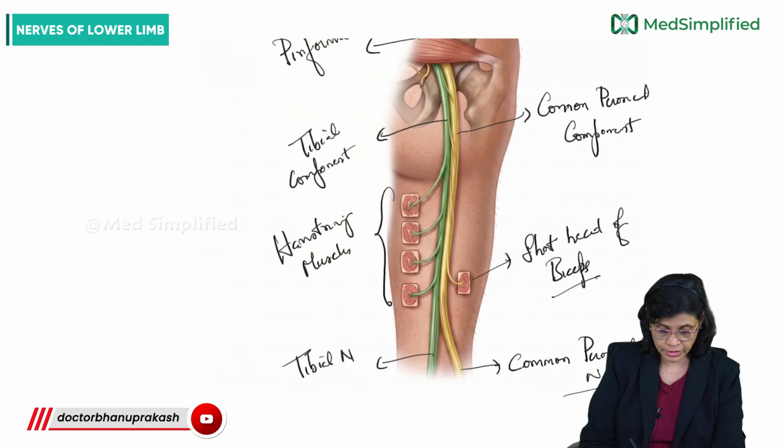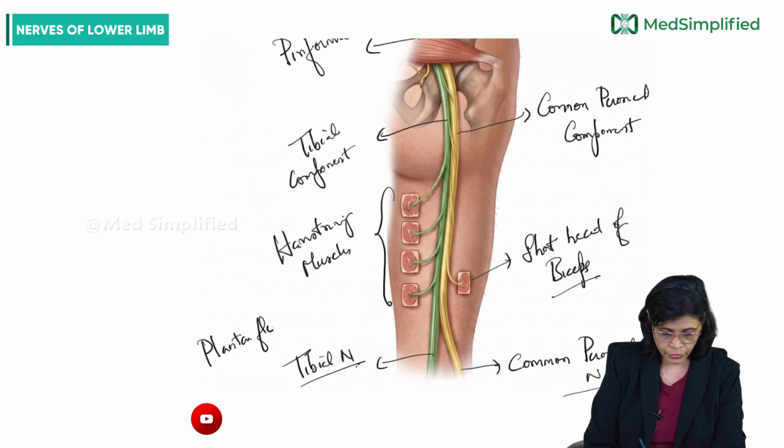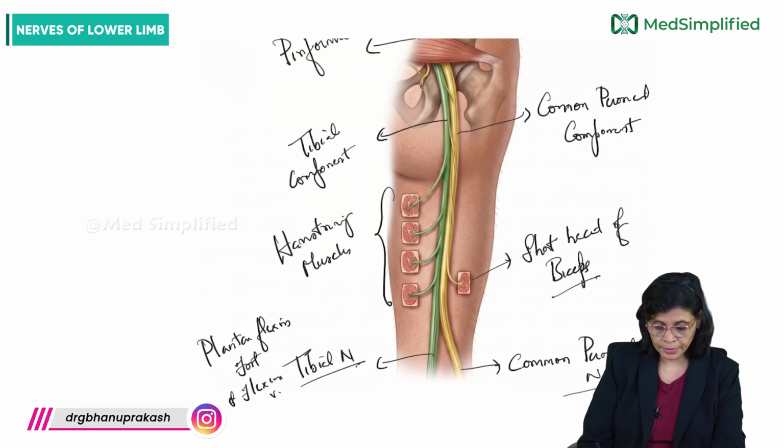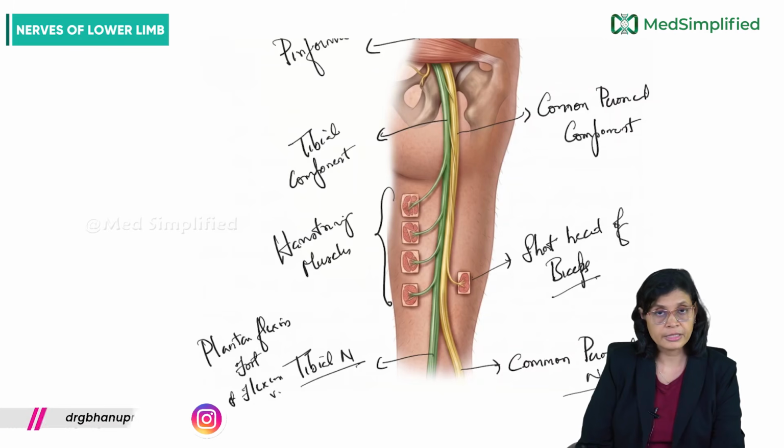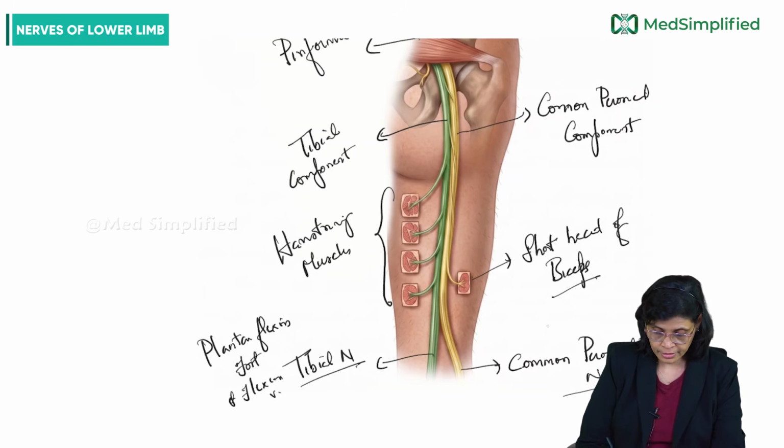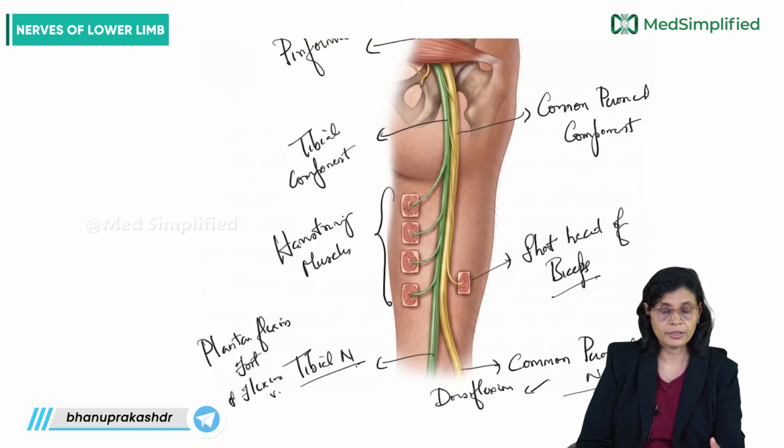So plantar flexion of the foot and flexion of the leg is brought about by the tibial nerve, whereas the common peroneal nerve brings about dorsiflexion. It supplies all the muscles of the leg which cause dorsiflexion. Just briefly I'm mentioning here, again we will see it later.